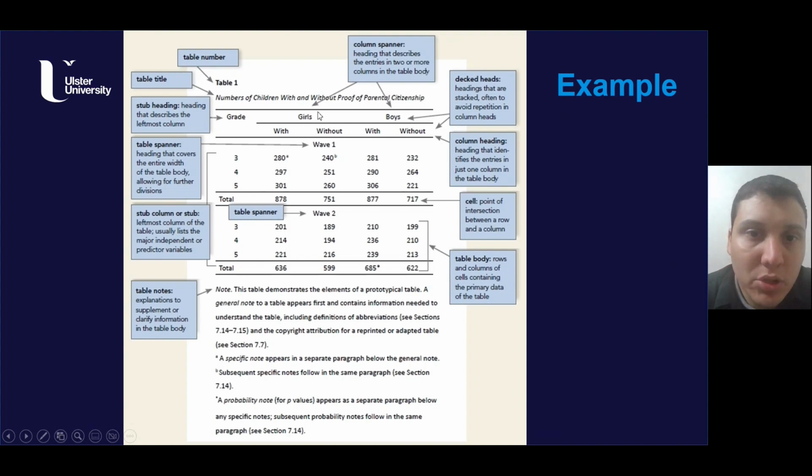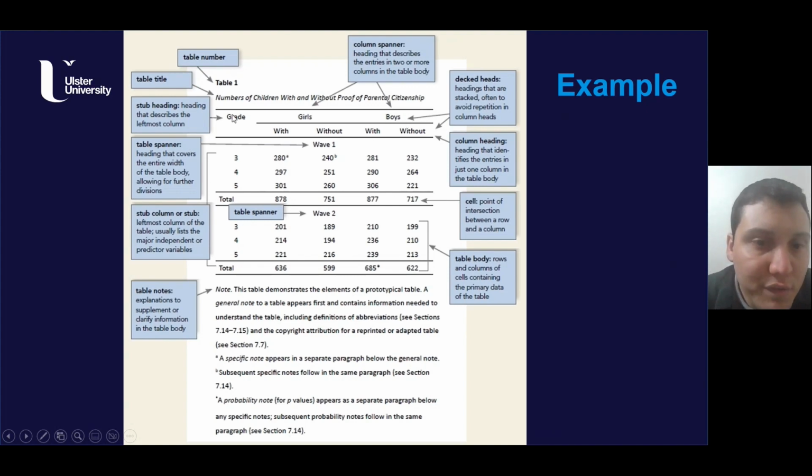So here in this example, you have girls with and girls without, boys with and boys without. So instead of having four headings with repeated words, you can just have a double-decked heading where everything that is marked with the line above these headings belongs to the same category. And here the same.